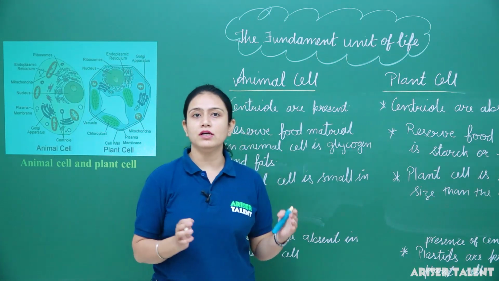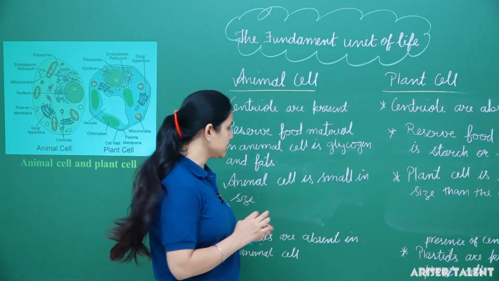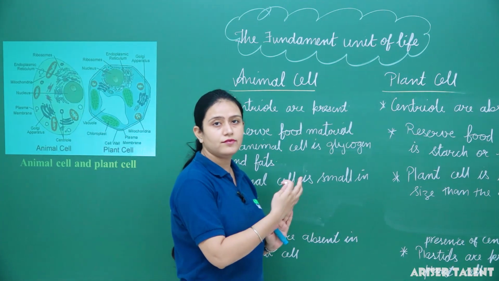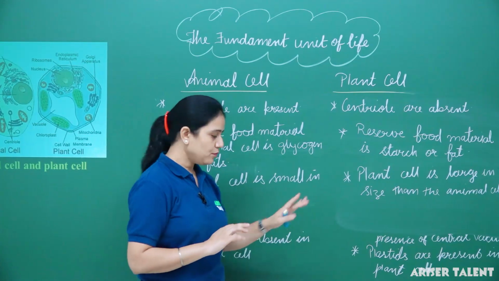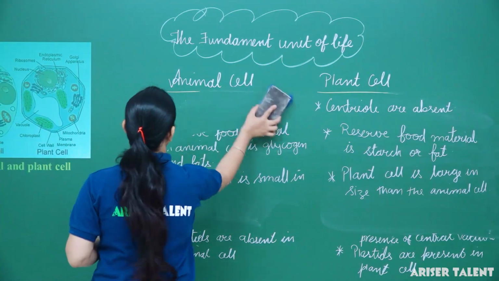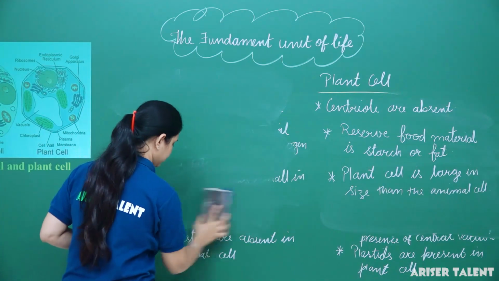Now, we will talk about the structure of eukaryotic cell. These are eukaryotic cells in which we have already discussed the differences between the animal cell and plant cell. Now, we will talk about the structure of eukaryotic cell.